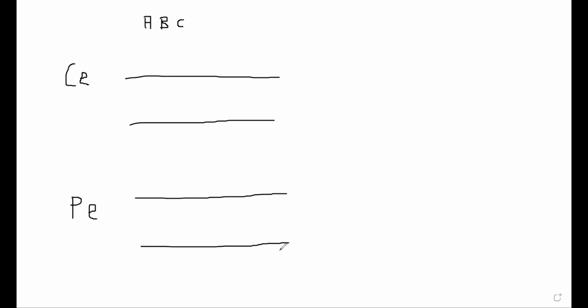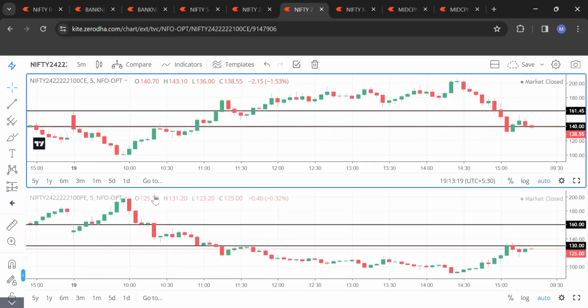Okay. Now suppose, you first have to see, we are buying options, not selling. So simple, whichever is going above, that we will buy. The one that is going below, the buyers will not look at, because the writers, those who wish to sell, look out for the option which is breaking below the lower line.